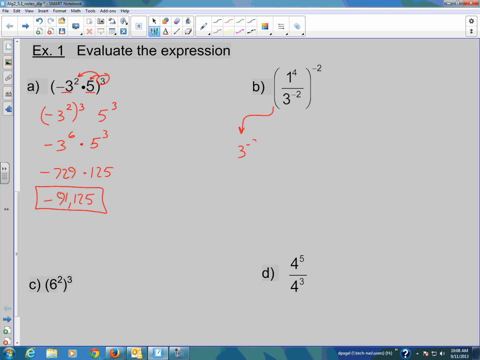So I could write 3 to the negative 2, 1 to the 4th, and now this would be a positive power. Or the second option would be to raise to the power of negative 2. So we leave this written as it currently is, and we raise to the power of negative 2 all of the powers inside.